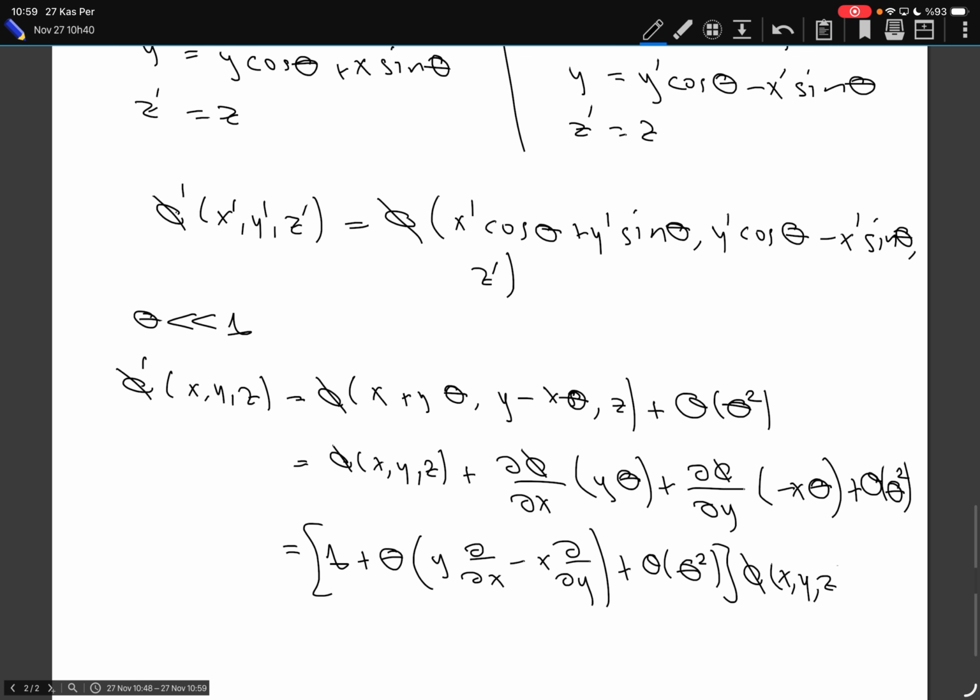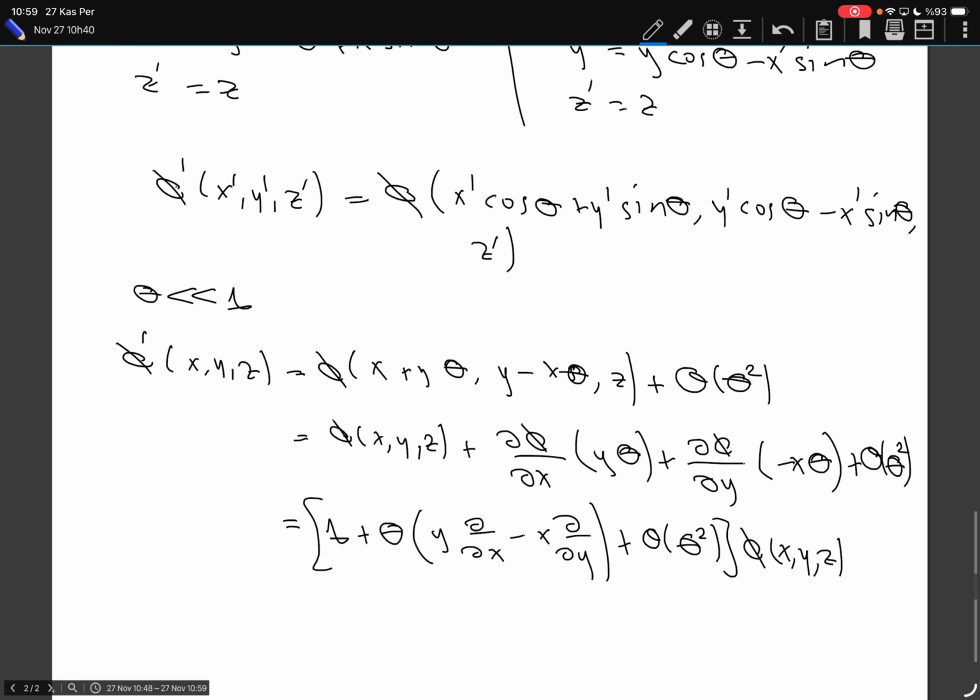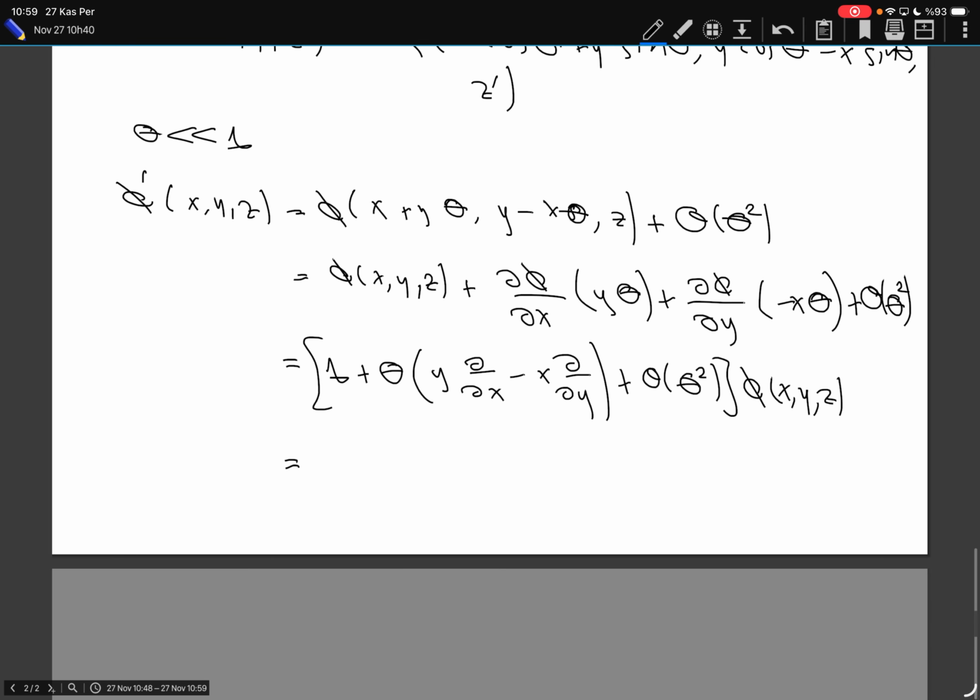This acts as an operator on my function phi of x, y, z, which I can write as the exponent of theta y del over del x minus x del over del y plus corrections of the order of theta squared.